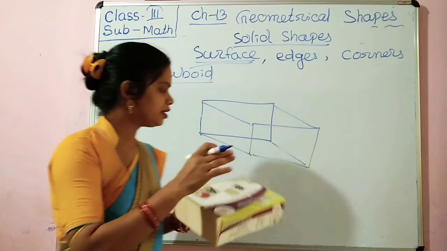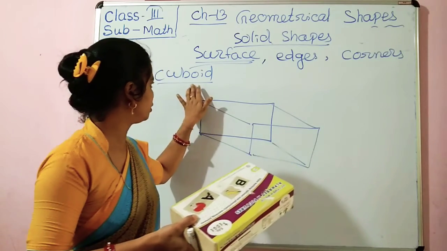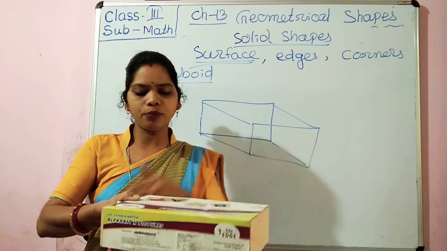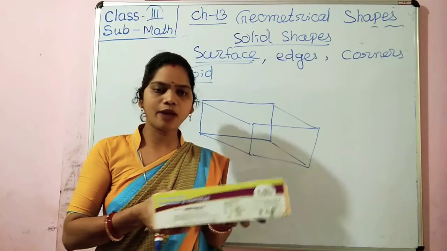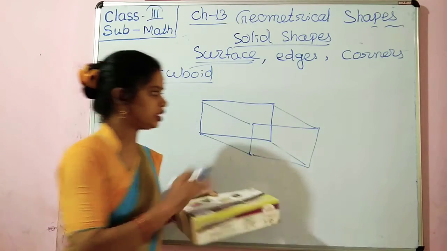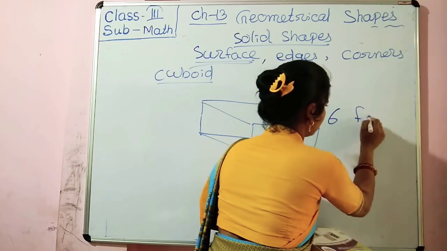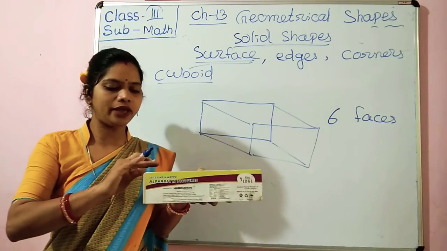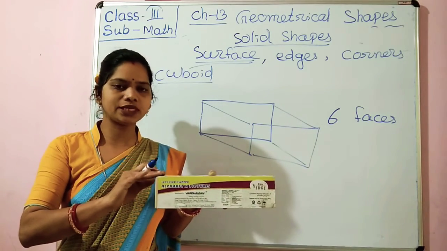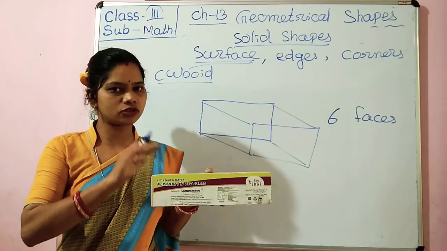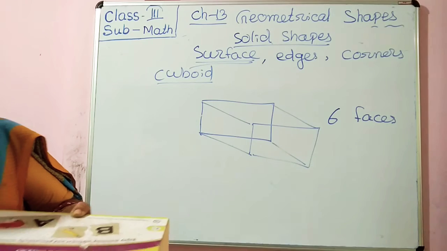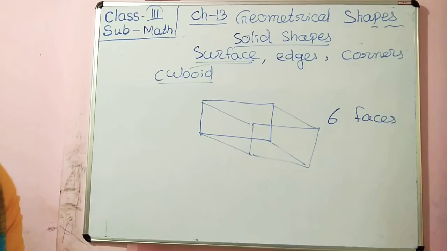How many faces does a cuboid have? 6 faces. What do you understand by faces? A face that is plane is called the plane face, flat face or plane face.